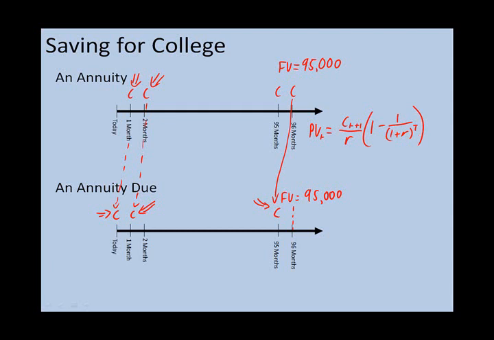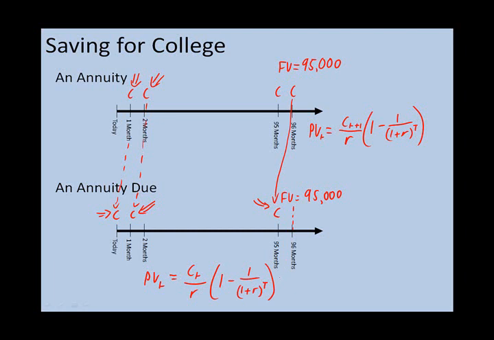So what we're going to do is modify the annuity formula, and the present value at time t is equal to the payment, which now starts at time t as well, so it starts today, divided by the discount rate, all multiplied by 1 minus 1 over 1 plus r to the power T.